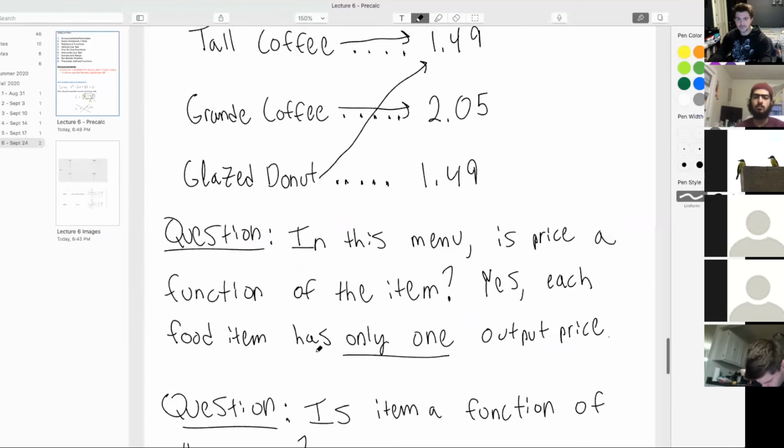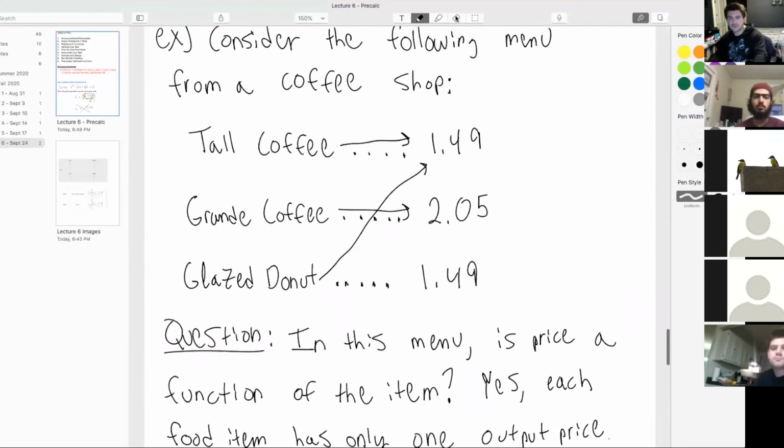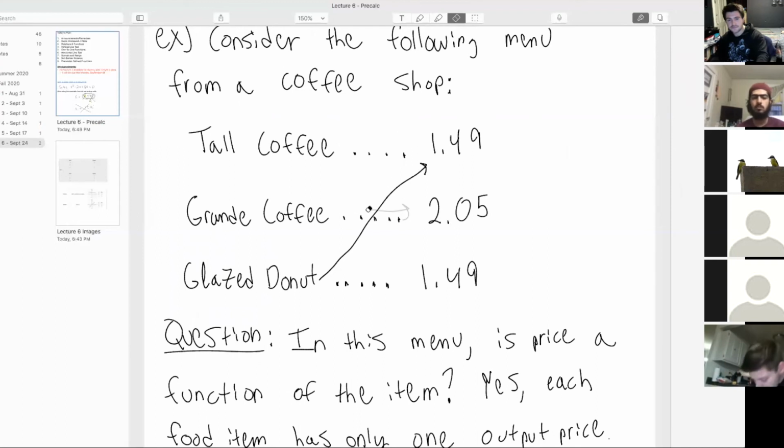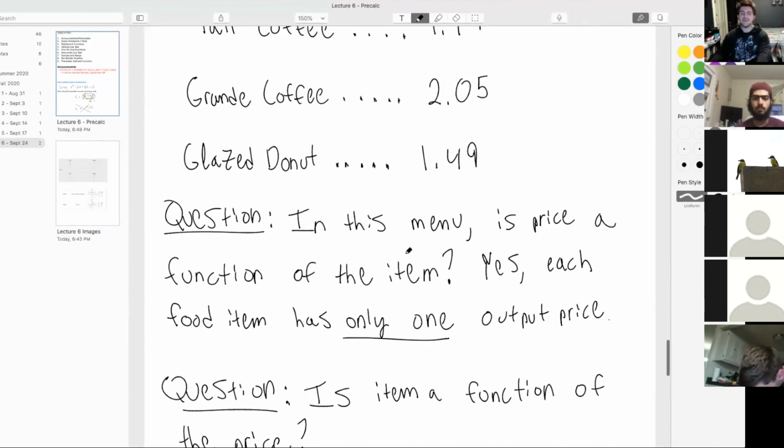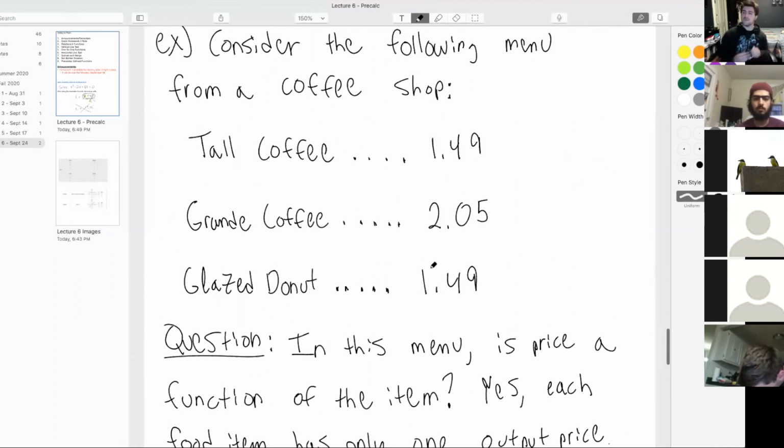I'll scroll up, and I'm going to erase these arrows that I had here. So we're asking, is item a function of the price? If we make the prices our inputs and the outputs our food, is this a legitimate function? Let's think about it for a second. No.